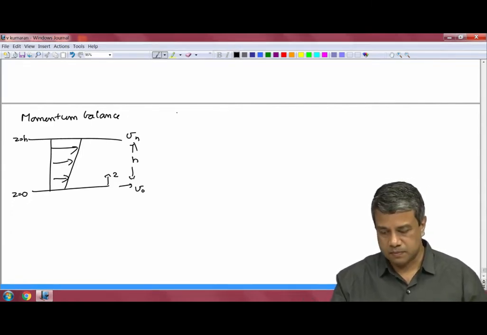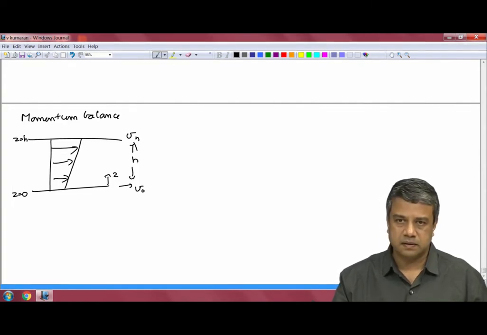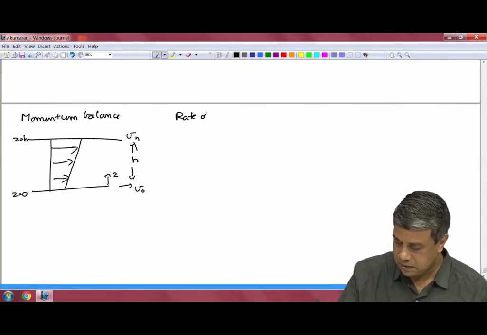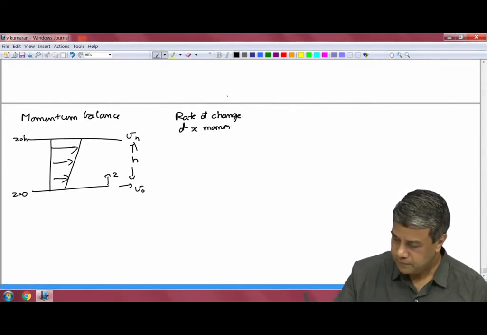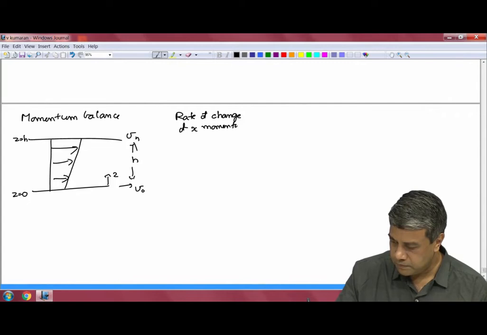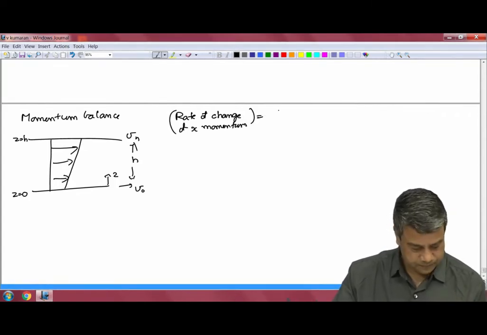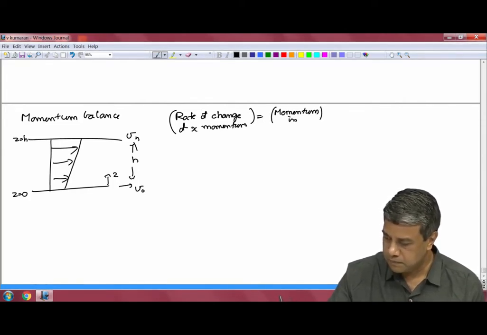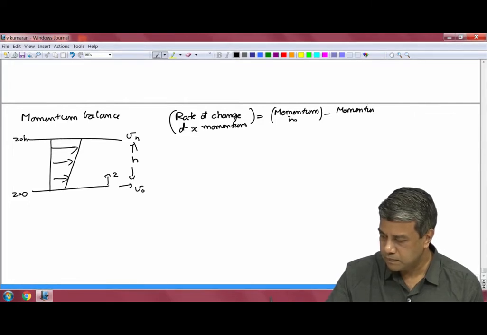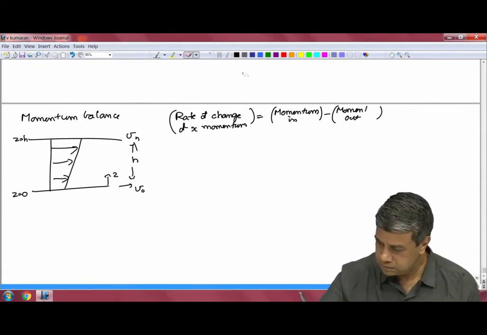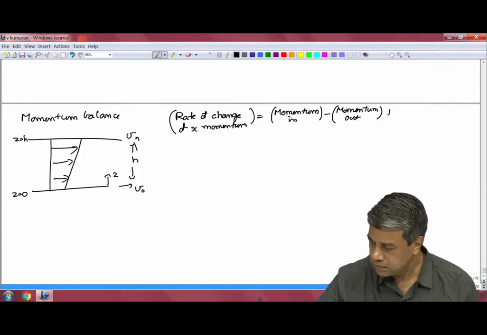The balance equation comes out from Newton's law of motion, that the rate of change of x momentum is equal to plus sum of forces.